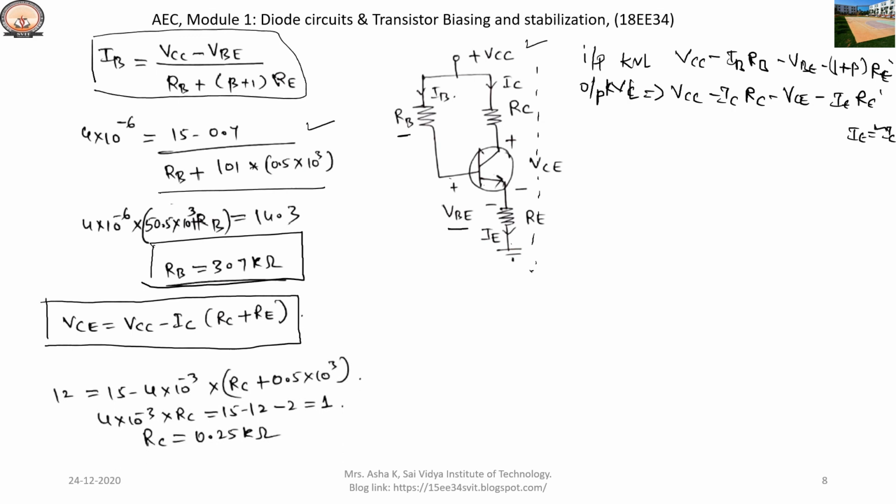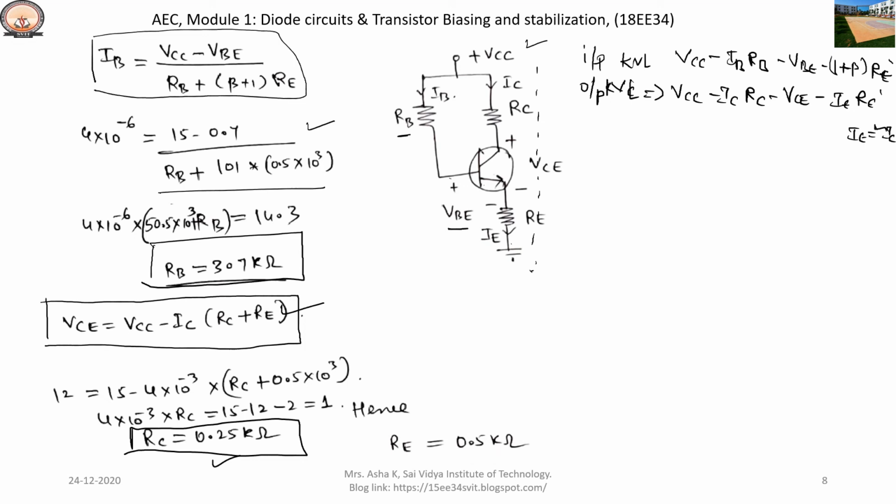After substituting all the values of VCE, VCC, IC and the emitter resistance, we obtain the value of RC, which is equal to 0.25 kilo ohm.